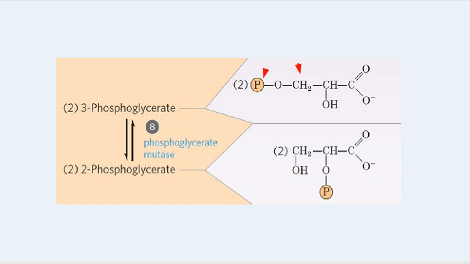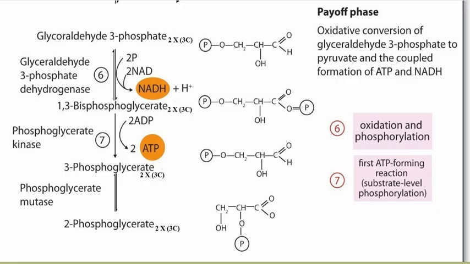Total 2 molecules were there. Will we get ATP? No, not at all, because we are not removing any phosphate, we are not adding any phosphate, we have only changed the site of phosphate. So that is point number 8 which we have completed.